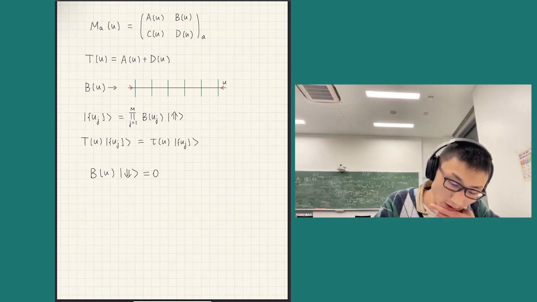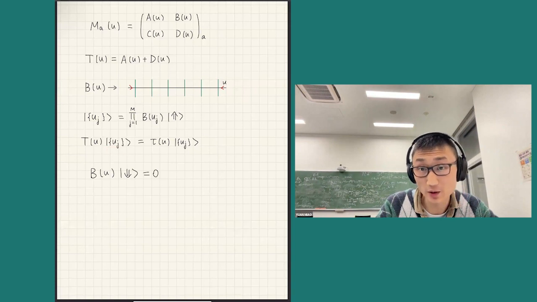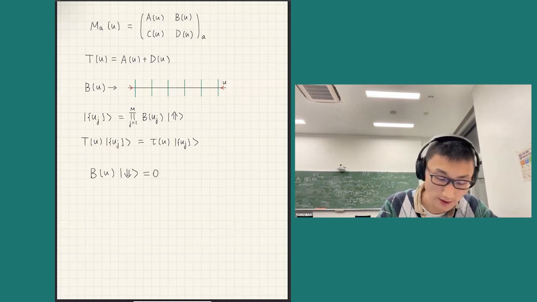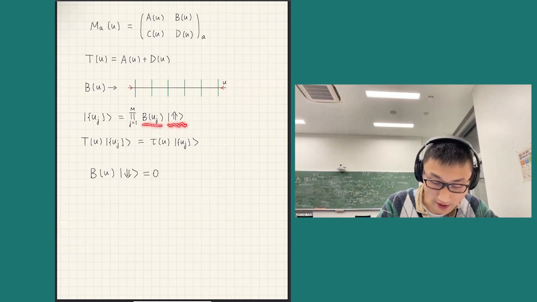What's really important is that the eigenstates or eigenvectors of this transfer matrix can be written in terms of some set of quantum numbers called Bethe roots, and they can be written in this way, as B operators acting on some vacuum.